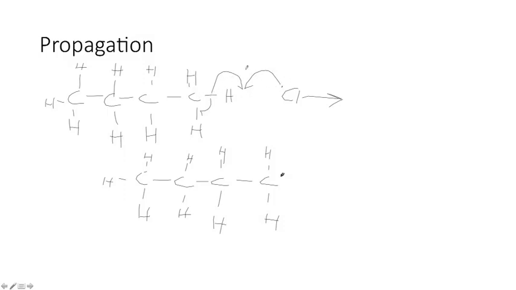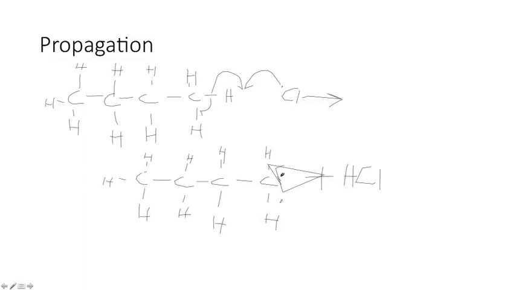And then obviously we've got this and this one here, so we're going to make a remaining product, which is HCl. But obviously we've got a free radical here. This is our free radical, like that triangle around it.